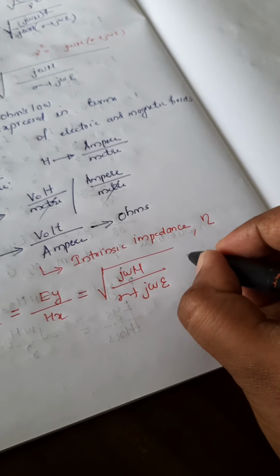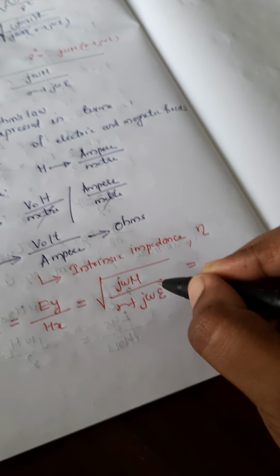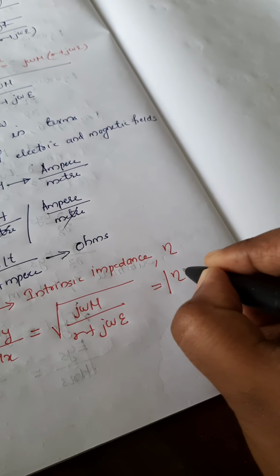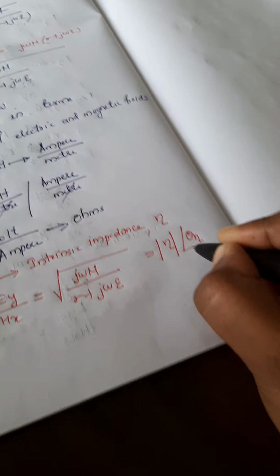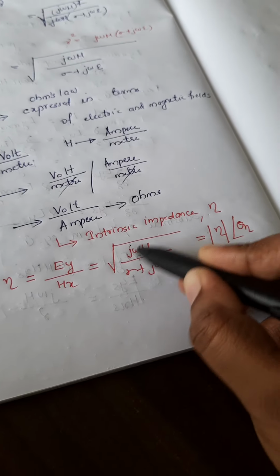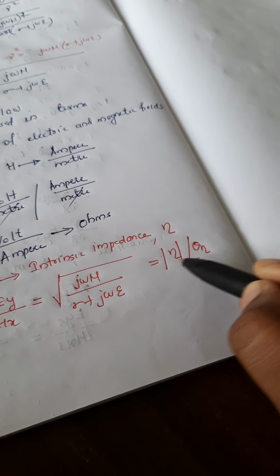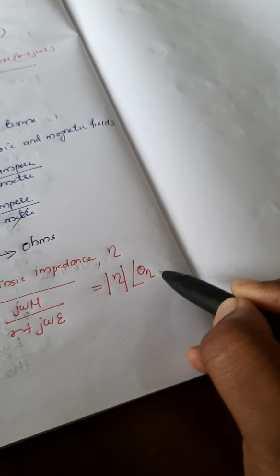This has an imaginary term, so it is a complex number. It can be written in polar form as the magnitude of eta and angle theta eta.